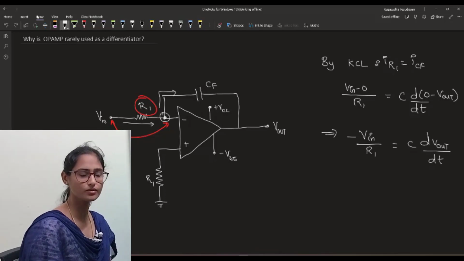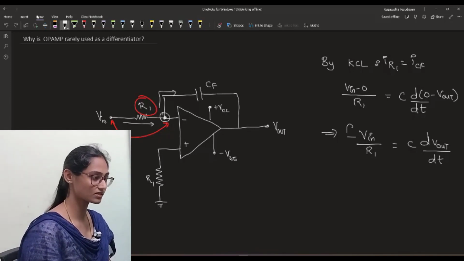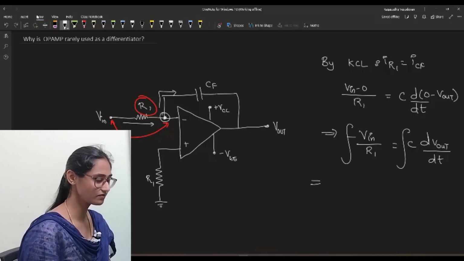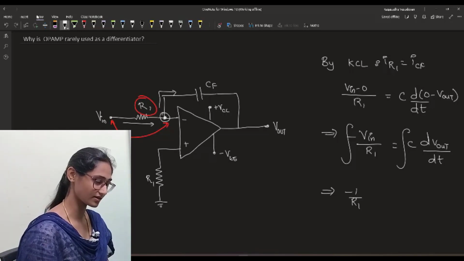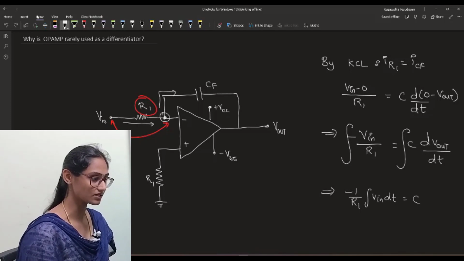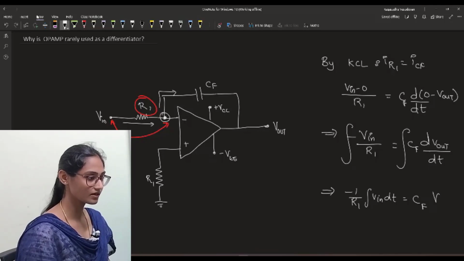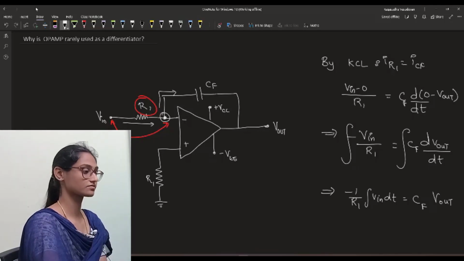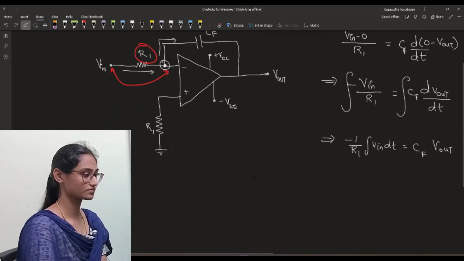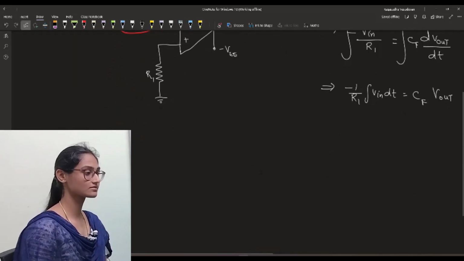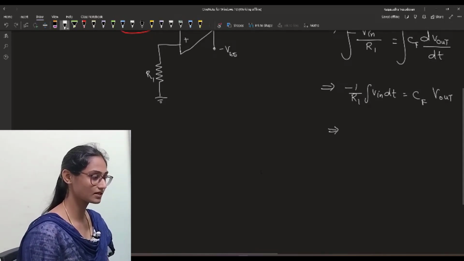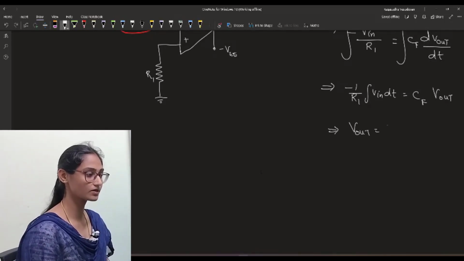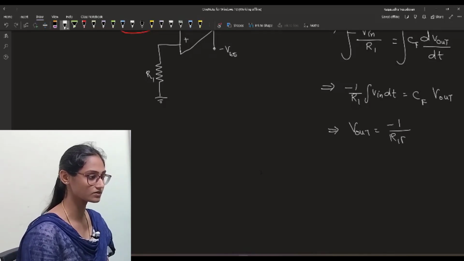To find the output voltage, we have to integrate both sides. So let's integrate both sides now, and we will get minus 1 by R1 into the integral of Vin is equal to C, or this is actually CF. I have just written C here. So this is CF into the output voltage. Which implies that the output voltage is equal to minus 1 by R1 CF into the integral of the input voltage.